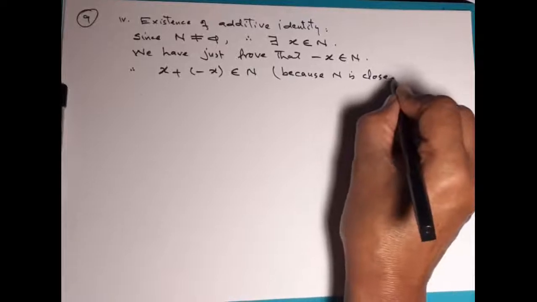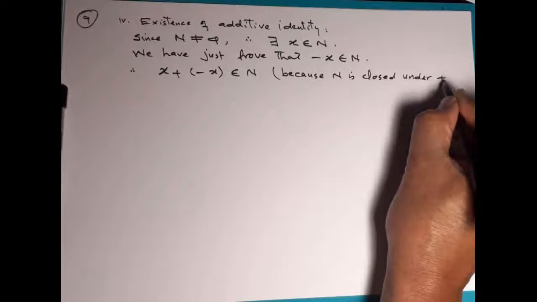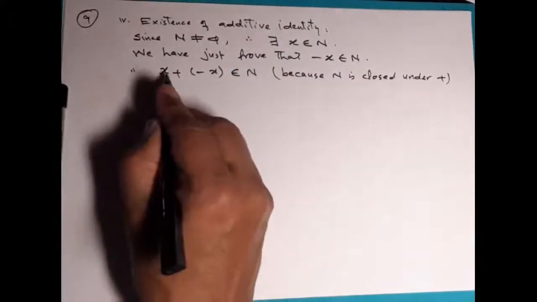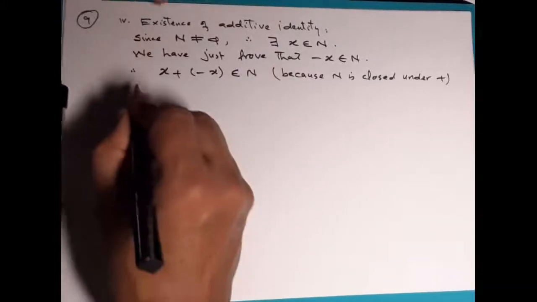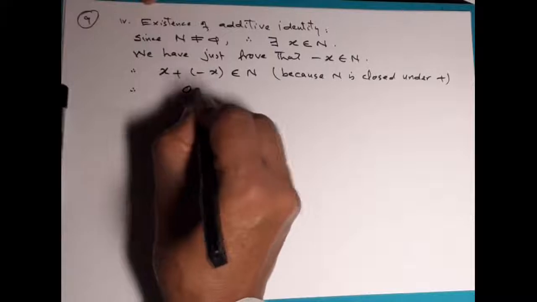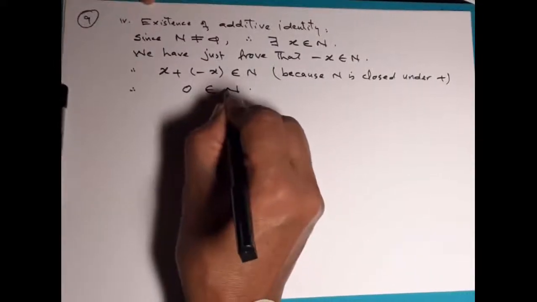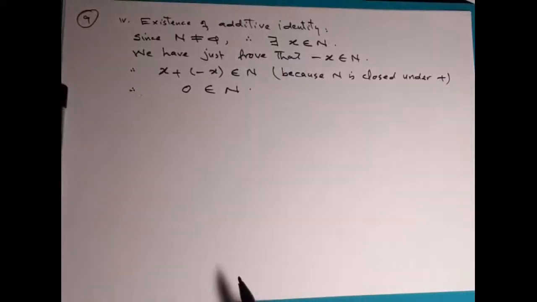This is given. Therefore, their sum should belong to N, and x plus minus x is equal to 0. So 0 belongs to N. Therefore, N has got additive identity.